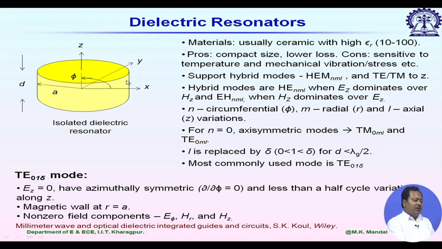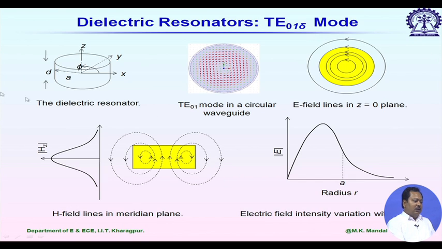That means we can replace this dielectric air boundary by a magnetic wall. The non-zero field components are mainly the E phi component, and both the radial and z direction components of the magnetic field vector H. So, let me show you the field plots.